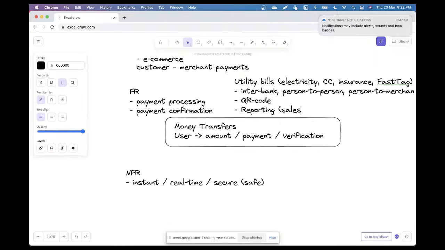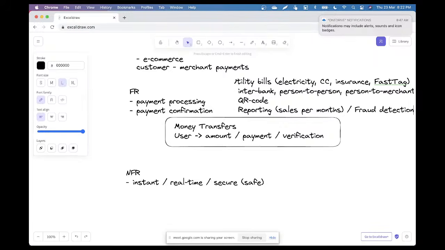That means how many sales per month have happened, etc. And there should be some features for preventing fraud. So fraud detection is another important use case. This also involves analytics, and figuring out any anomalies or any behavior which could be fraud. Right? The payment gateway should also be integrable to the e-commerce site, and there could be some customization, branding also possible on the payment gateways. So these are some of the functional requirements.